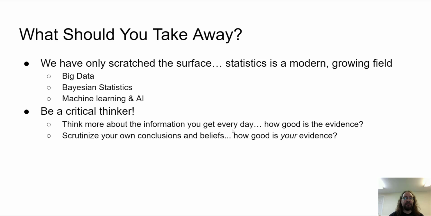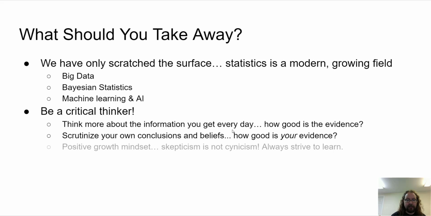Scrutinize your own conclusions and beliefs. How good is your evidence for all the things that you say and believe on a day-to-day basis? That's just as important as thinking about the information that other people give you. We all think things for different reasons, and it's a good reflective practice to think about how good our own evidence is for all the things that we hold close to us.